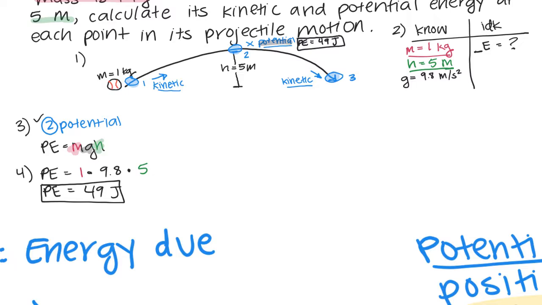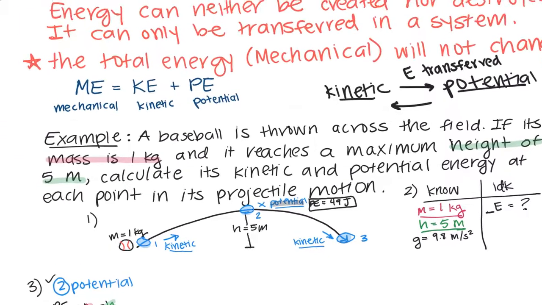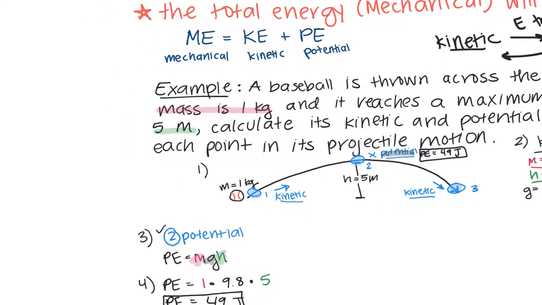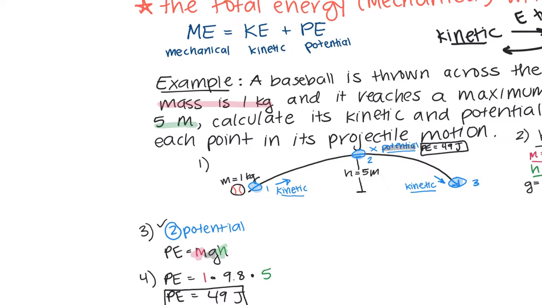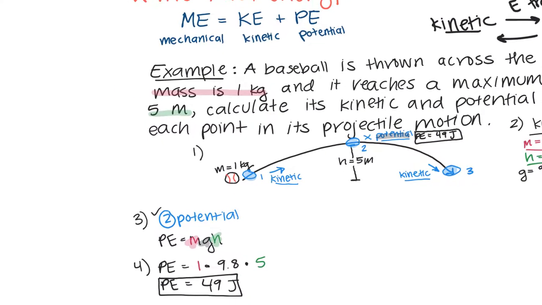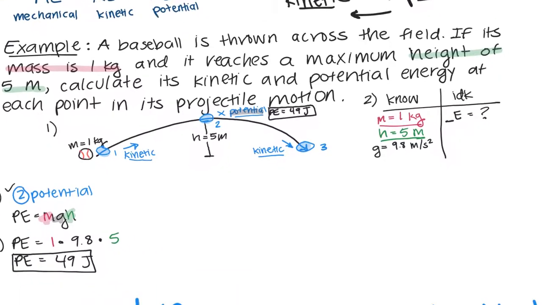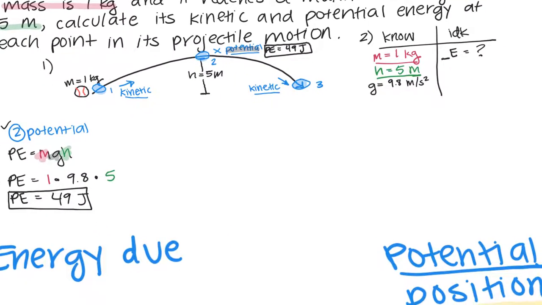We know that the total energy is going to be equal to the sum of the kinetic energy and potential energy of the object across its motion. So like I said, this whole motion of the baseball is going to have a single number for the mechanical energy, or the total energy.